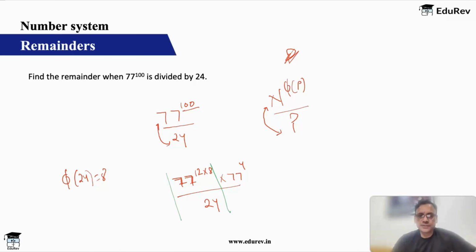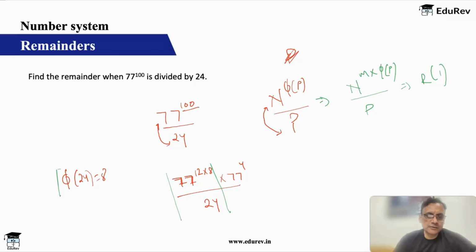What was the modification? n raised to the power m into Euler's totient of p, upon p, is also fine. This will also give a remainder of 1. And that is exactly what is happening here: Euler's totient of 24 is 8, so this will give me a remainder of 1.